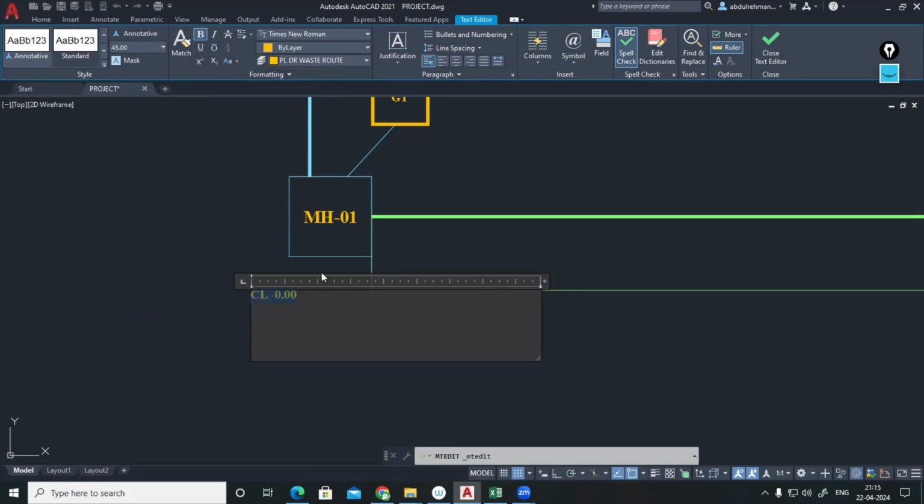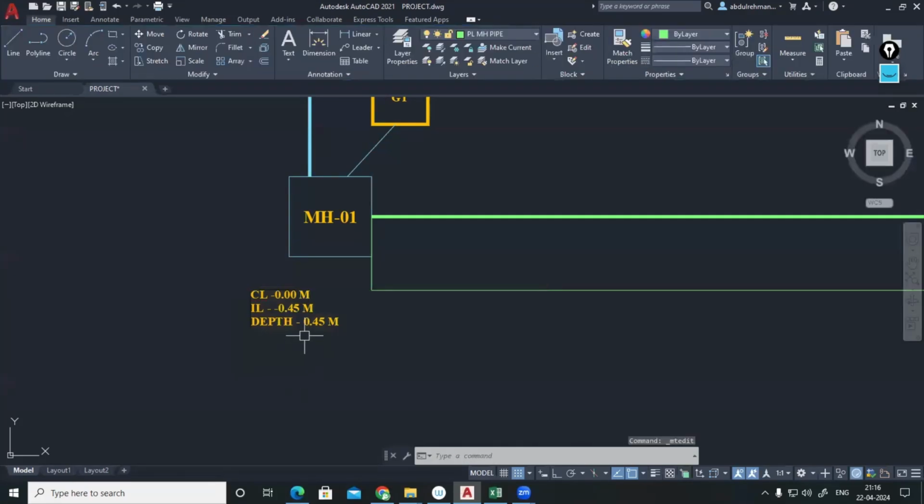And invert level, IL, is minus 0.45 meter only. Then depth will be 0.45 meter. This should be in meter only. What unit you are getting, accordingly you can use.